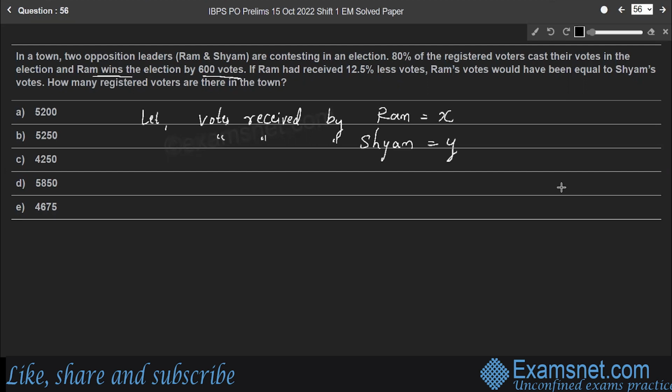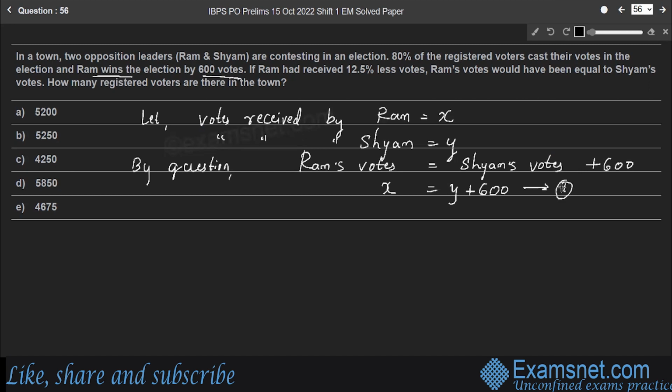Therefore, by the question, Ram's votes is equal to Sham's votes plus 600. So we can write X is equal to Y plus 600. Consider this as equation 1.